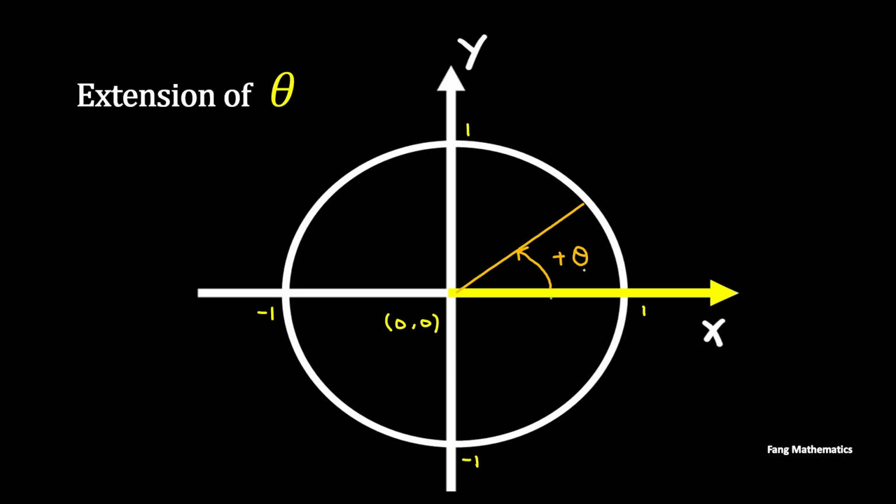And if you take the same theta, but you go clockwise, then we say this angle theta is negative. So remember, the direction when we extend the angle theta to the unit circle is very important. By using the unit circle, we have extended theta to all real x.